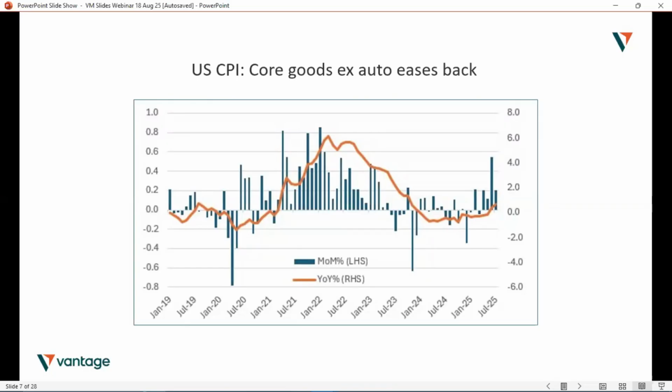And economists reckon the CPI figures that we've just gone over are consistent with a sort of 0.23 increase month on month in the core PCE. So nothing again too alarming for the Fed at this time. That was a key takeaway really at the moment. And of course, will have an impact on policymakers going forward. As I say, though, there is one more CPI report before the next Fed meeting.